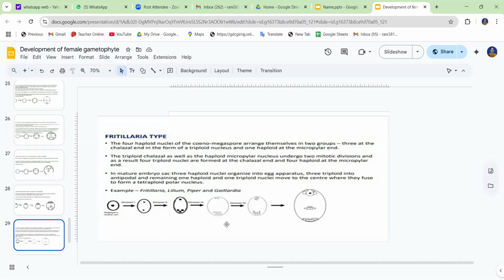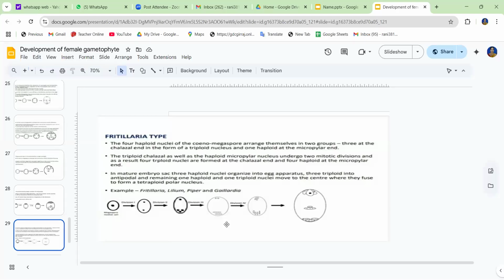These all are examples. It is a very peculiar type of development of the embryo sac. It is of particular interest because it is found in a wide range of angiospermic genera, including lilium, which formerly was known as the lilium type.